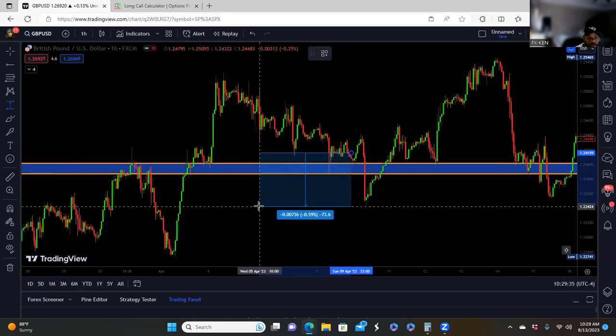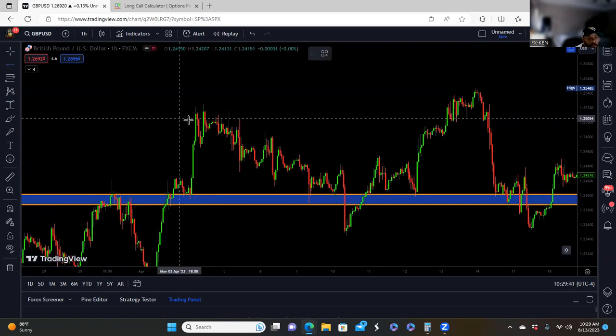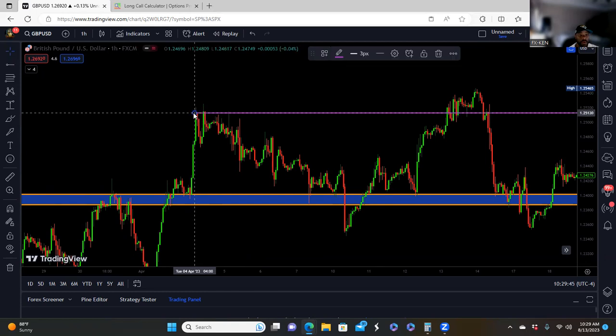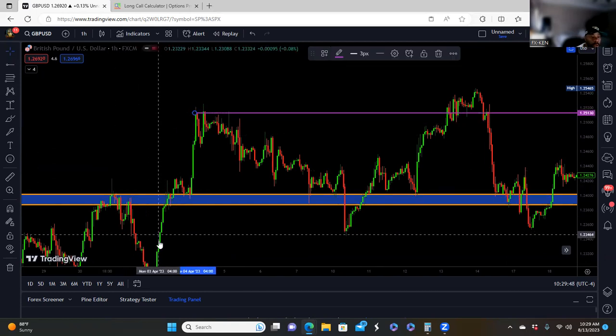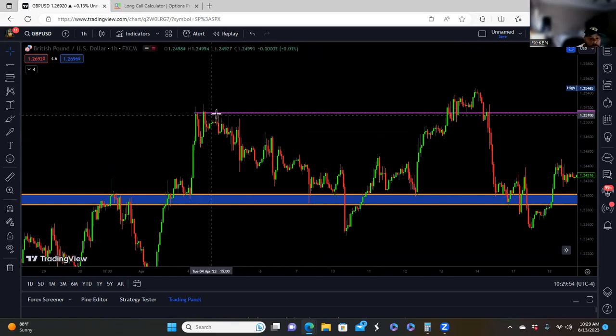But you could have put your stop loss at about 75 pips, and then your take profit would be the next level, the previous high. Let's just call it the previous high.